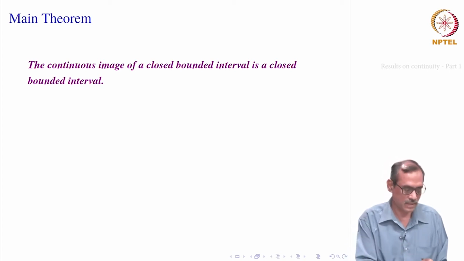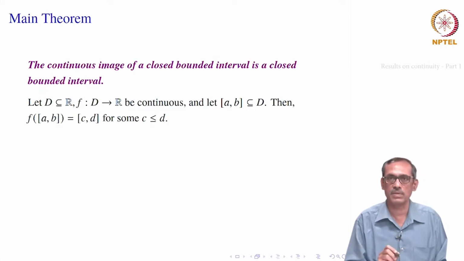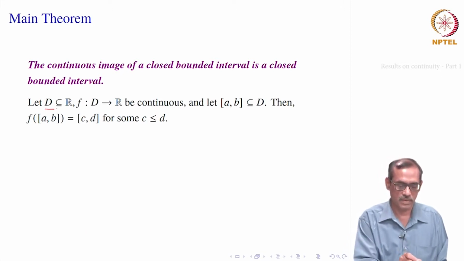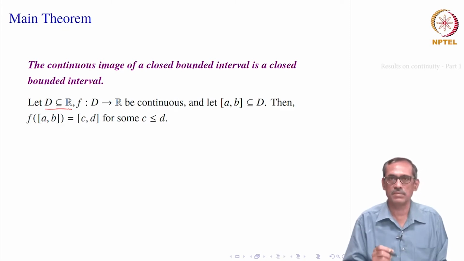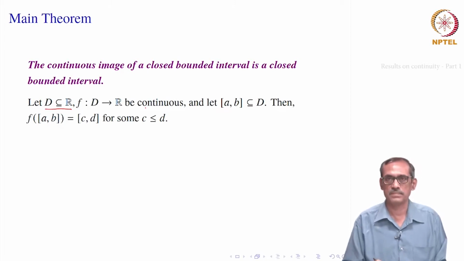So, what it says exactly is this, though you remember it in this form: the continuous image of a closed bounded interval is a closed bounded interval. Suppose D is a subset of R, some set of real numbers, and you have a function f defined on this D taking real values. Let f be continuous.